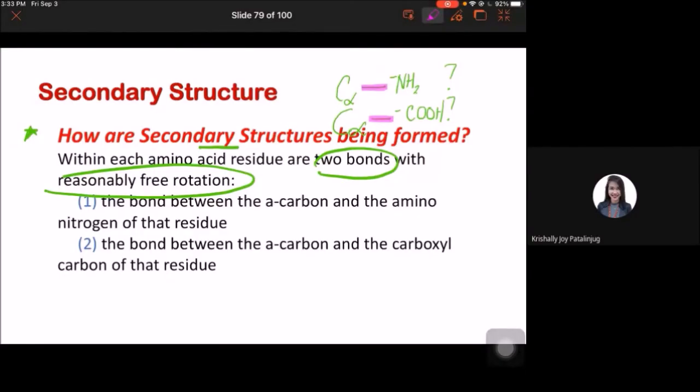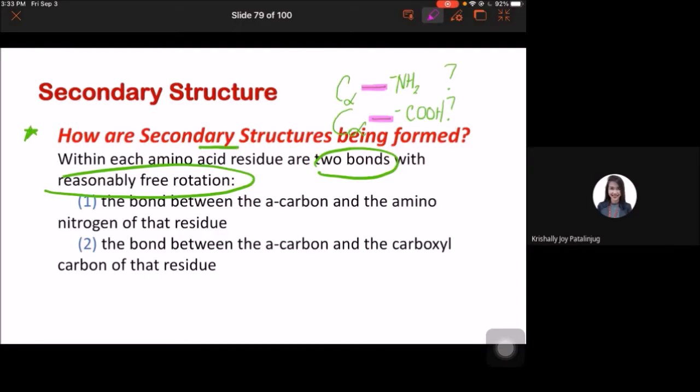Now, another thing about these rotational bonds, take note, since these bonds do rotate, there is a rotation of angles. Magro-rotate yung mga original angles nila.